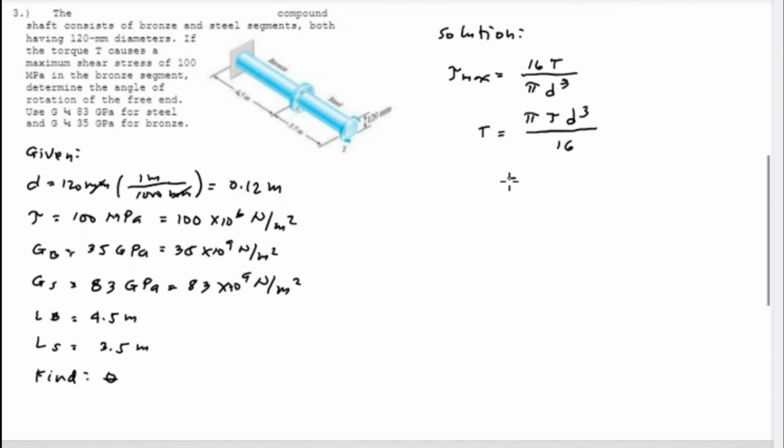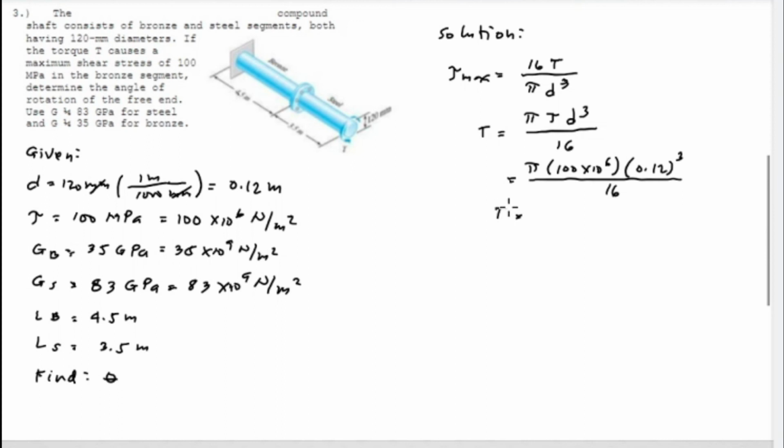So we substitute the values: pi times the shearing stress, which is 100 times 10 to the power 6, multiplied by the diameter in terms of meter, which is 0.12 meter cube, and we divide by 16.